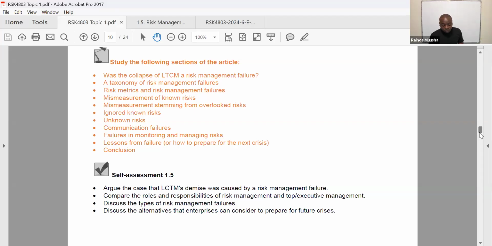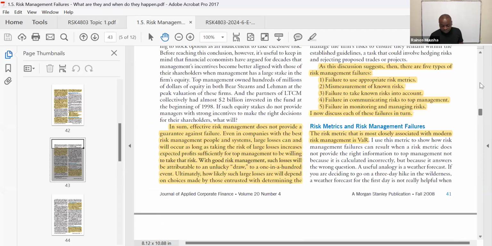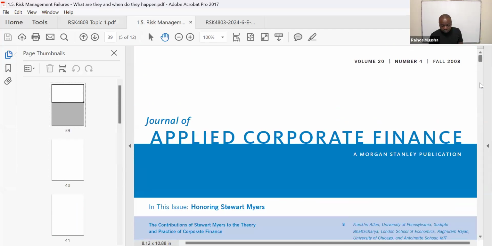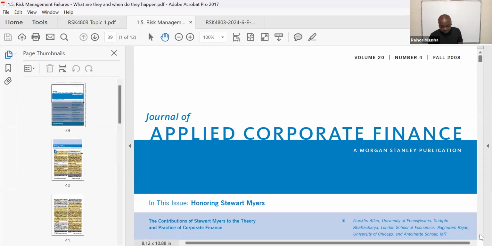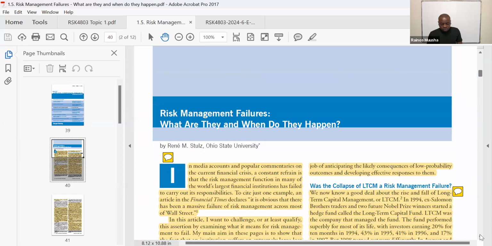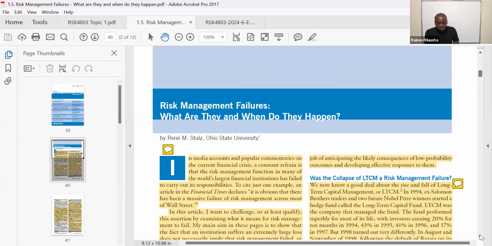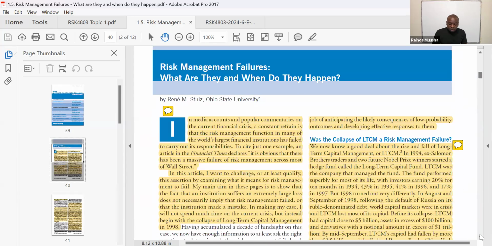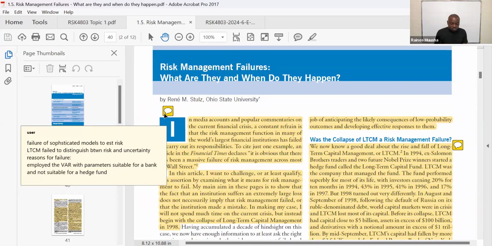So when you look at the article for unit 1.5, the heading of the article is Risk Management Failures: What Are They and When Do They Happen?